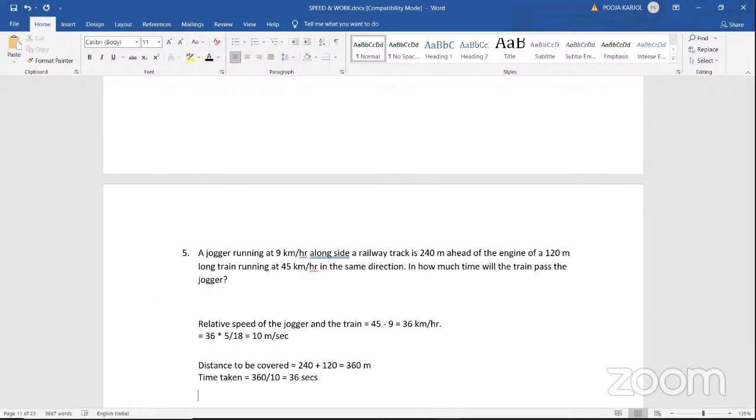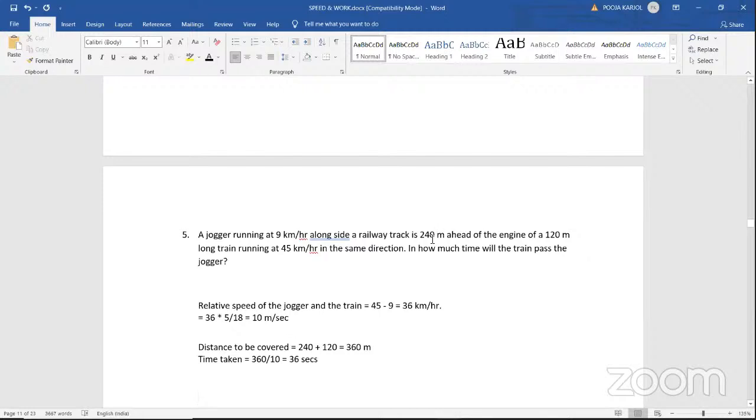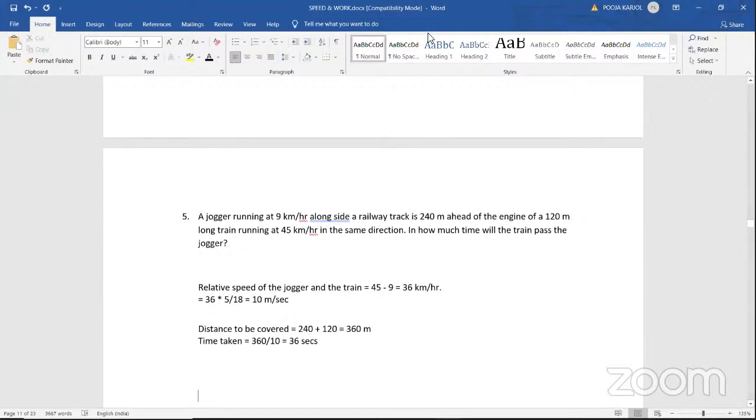The total distance covered is the length of the train plus the 240 meters between the jogger and the train. So 240 plus 120 gives you 360 meters. Time taken is distance by speed, 360 by 10 meters per second, so it is 36 seconds. Okay, any doubt?